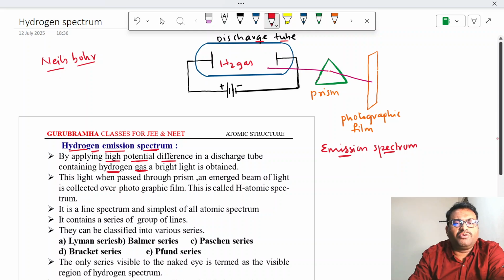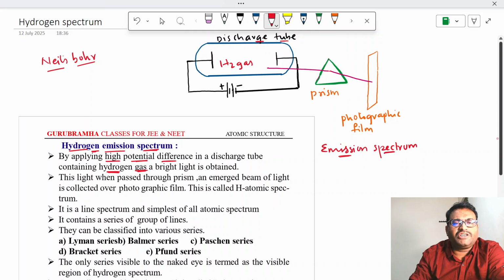High potential means creating a high potential difference, which can be created by using batteries. So by using batteries, a very high potential is created in this discharge tube in which hydrogen gas is taken.